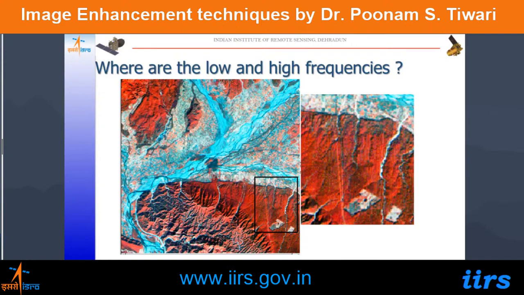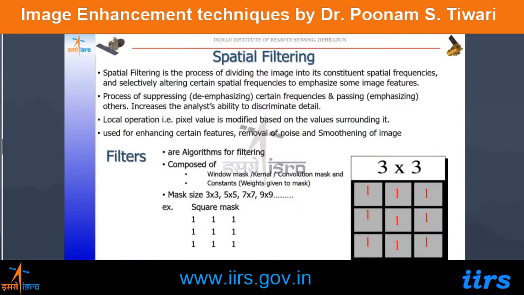Now coming to spatial filtering. Spatial filtering is the process of dividing the image into its constituent spatial frequencies and selectively altering certain spatial frequencies to emphasize some image features. Or we can say that spatial filtering is the process of suppressing certain frequencies and passing the other frequencies.